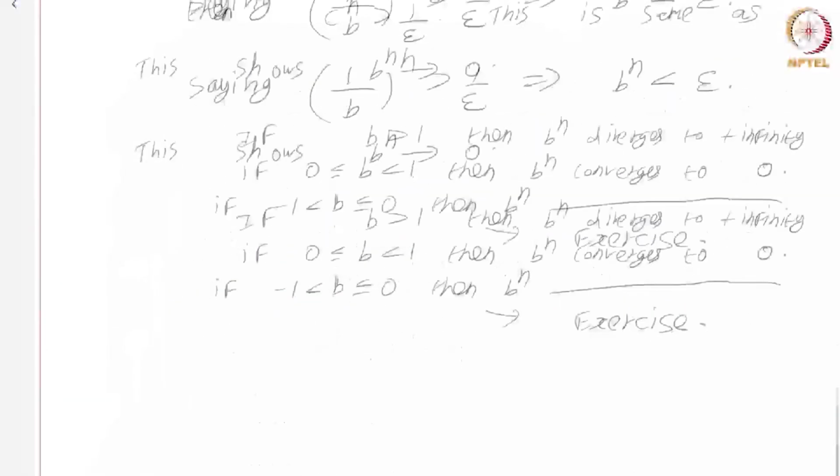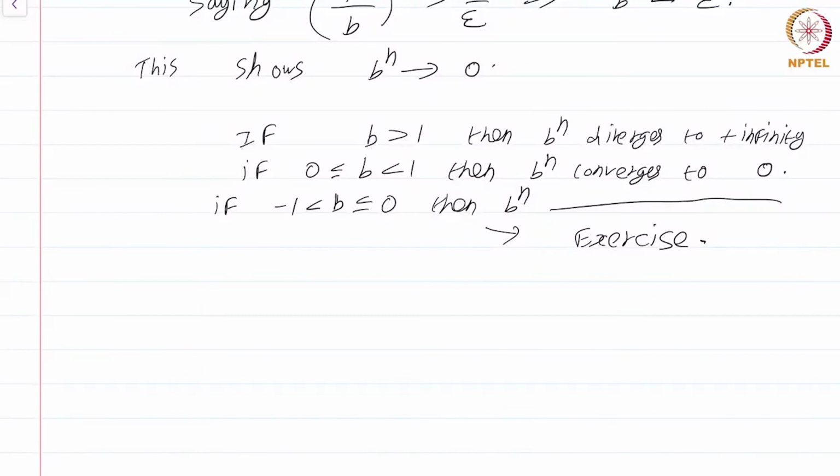Okay. Next example, the 7th one. For this one, let me choose a somewhat complicated example. Let me just deal with the case 0 < b < 1.